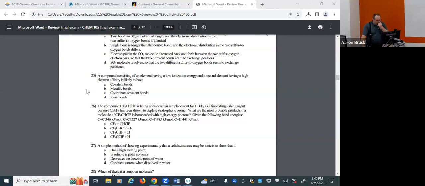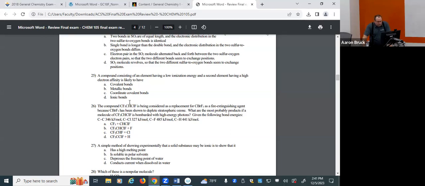So number 26 talks about the use of a different substance as a replacement for an ozone depleting fire extinguisher in CBrF3. The question is, what is the most probable product if a molecule of this new substance is bombarded with high energy photons like the ones that you would see in the upper atmosphere?